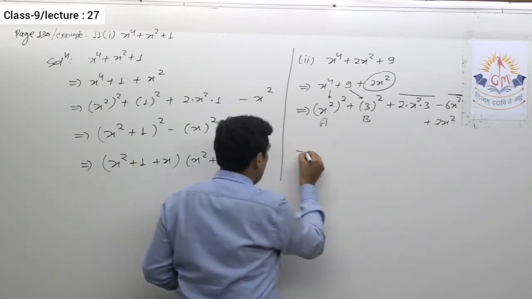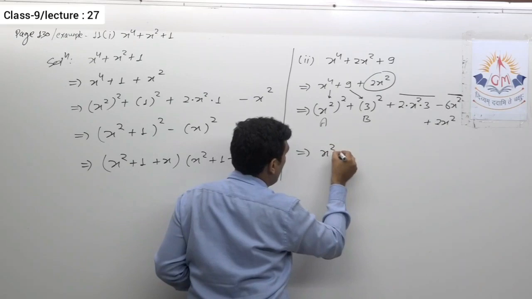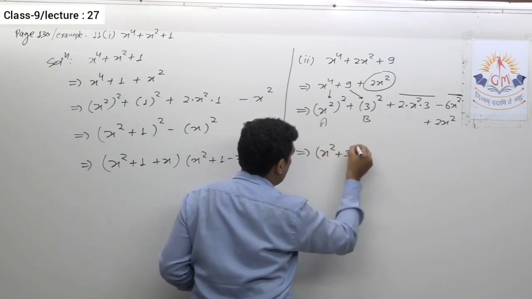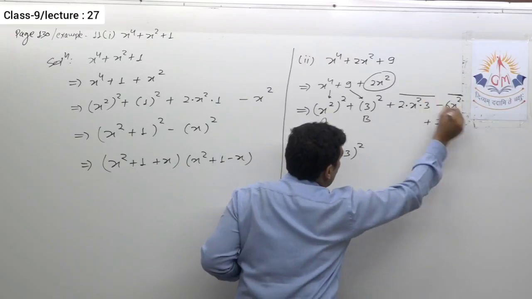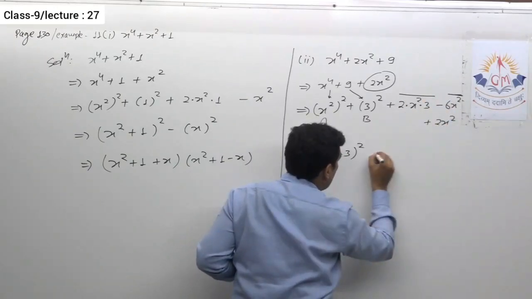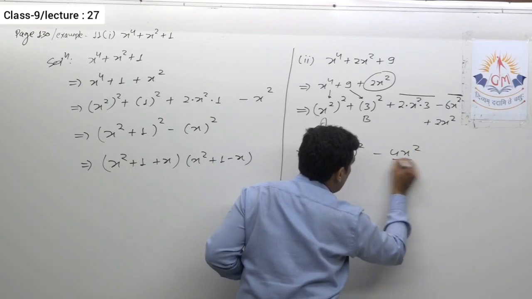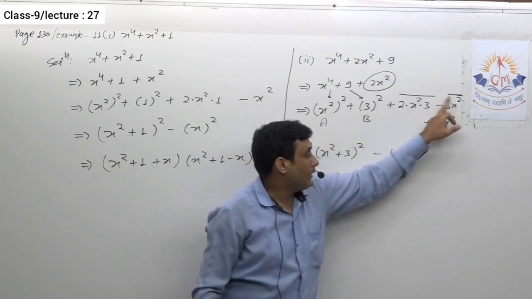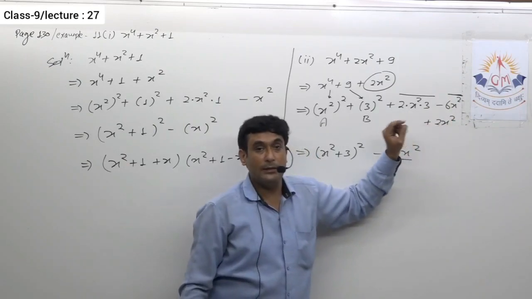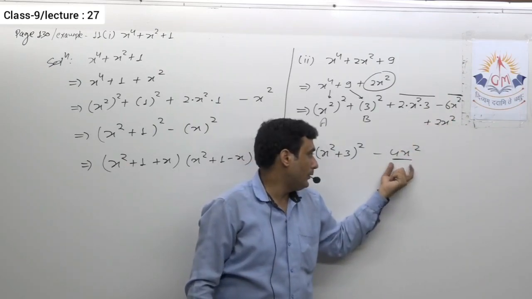So let us see. If I write this as x square plus 3 whole square, isn't it? I can write this as a square plus b square plus 2ab, and over here minus 6x square plus 2x square gives you minus 4x square, which is a complete square. Okay, so let me explain one thing. Whatever is the resultant, it should have two qualities.